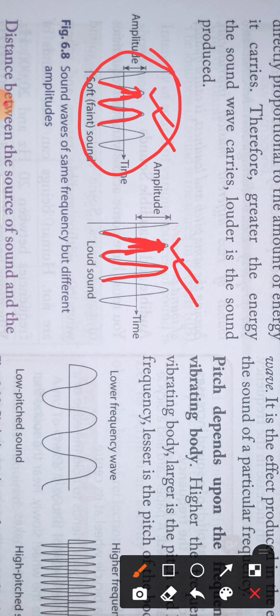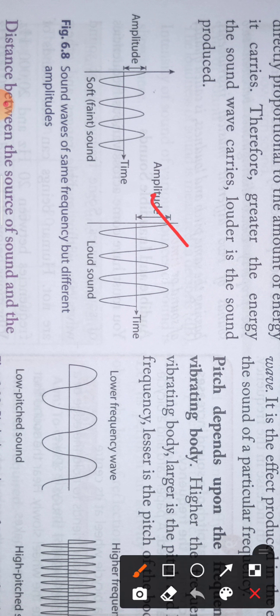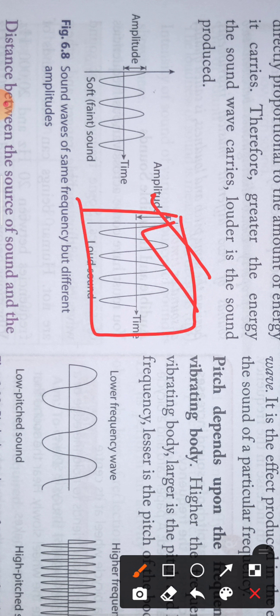So if you increase the amplitude, your loudness will also increase. If you decrease the amplitude, the loudness will also decrease. Here on the right side, this sound wave is a very loud sound, but on the left side this sound is not very loud, it is a dull, faint or soft sound.